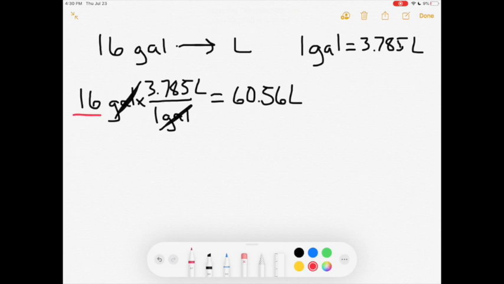We started with 2 significant figures, and remember, I told you that conversion factors, or exact values, have an infinite number of sig figs. So I don't have to worry about these; what I start with is what I'm going to end with. I want 2, so my answer is going to be 61 liters.